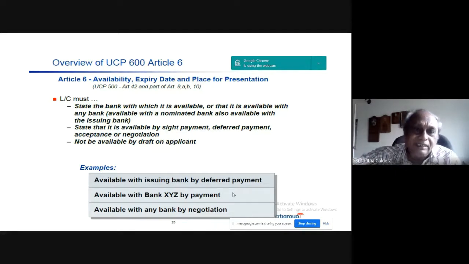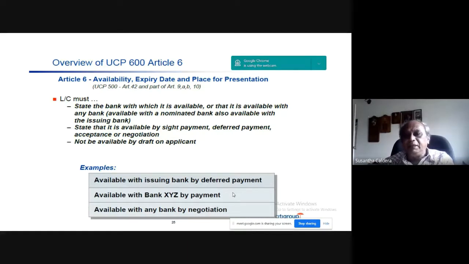It must state that it is available by sight payment, deferred payment, acceptance, or negotiation.